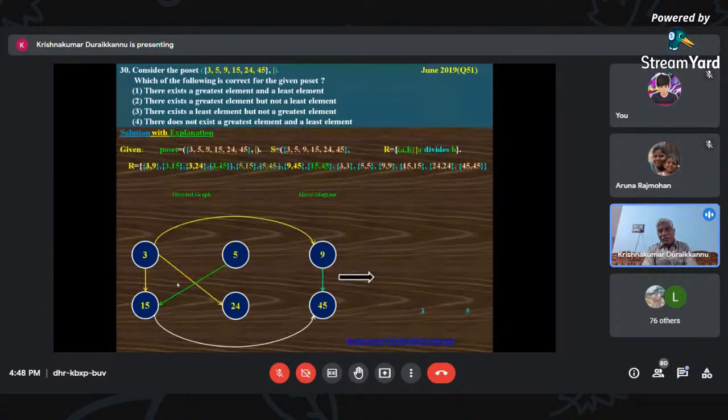Because 15 divides 45, that link is broken; only one link will be taken. So draw 3 to 15, 15 to 45, 3 to 24, and 3 to 9. 3 divides 9, 3 divides 15, 3 also divides 24. Then 5 divides 15. Then 9 divides 45, 15 divides 45.